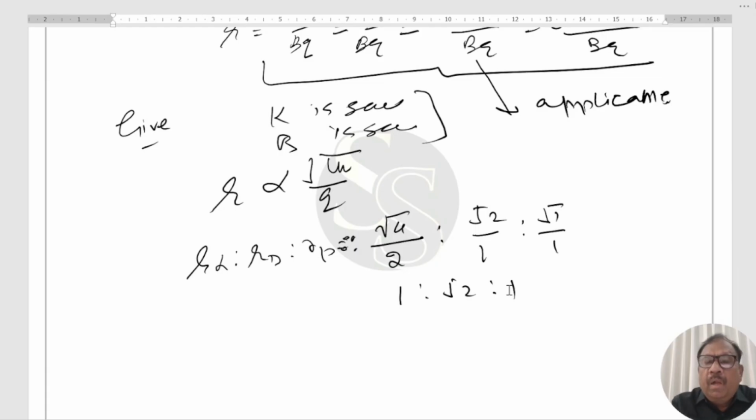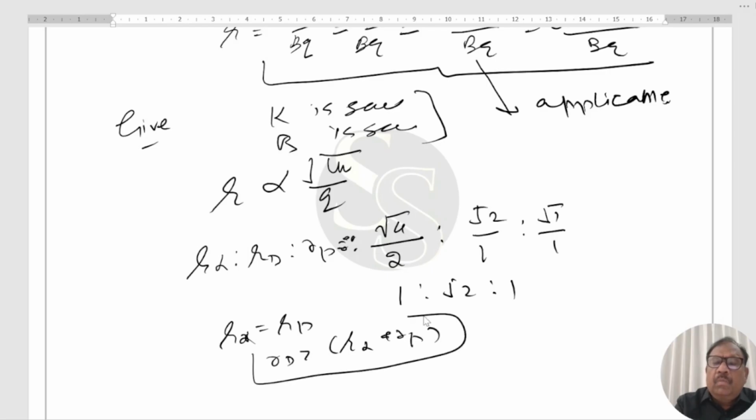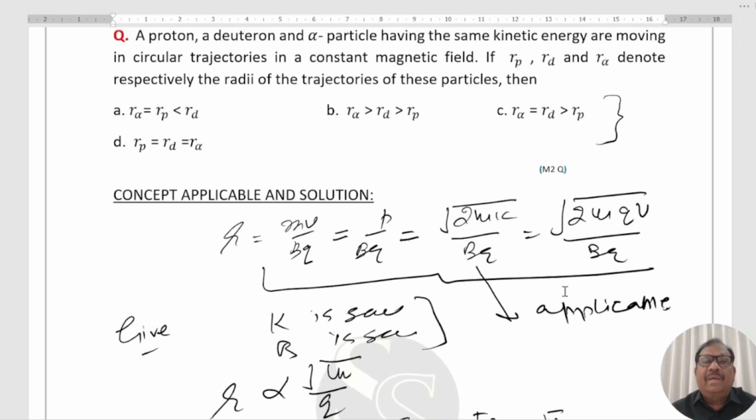Means R alpha equal to Rp, and Rd is greater than R alpha and Rp. Means pick up the answer which is correct.